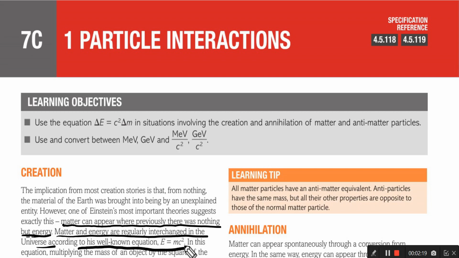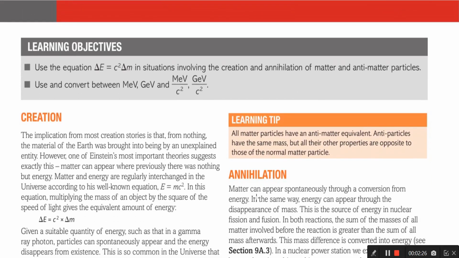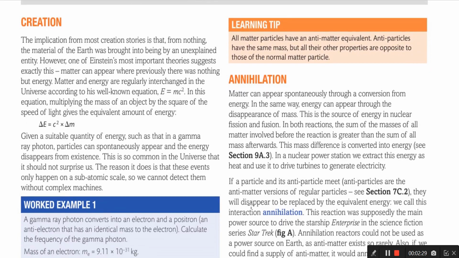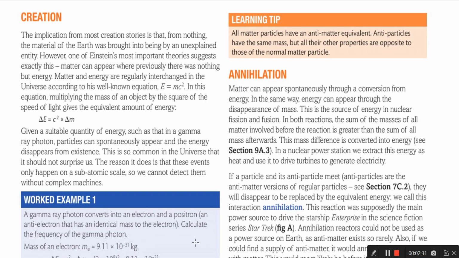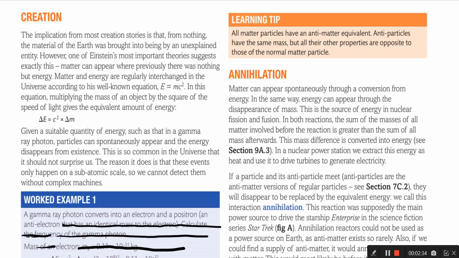Remember, in this equation, E equal to mc square, E is the energy, delta M is the mass defect or change in mass, and c is the speed of light.